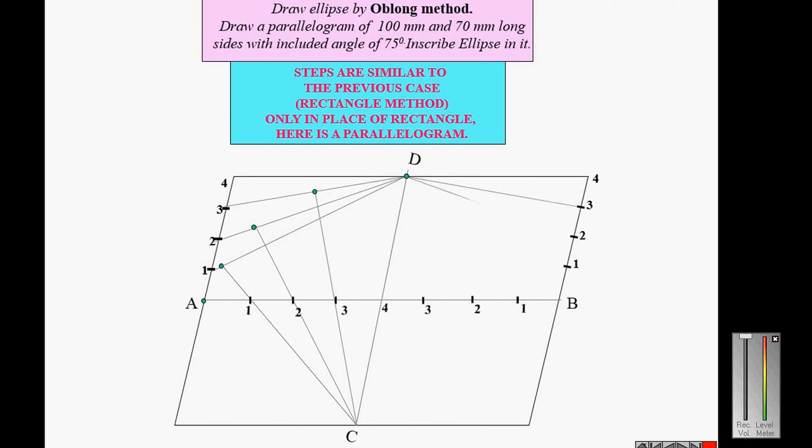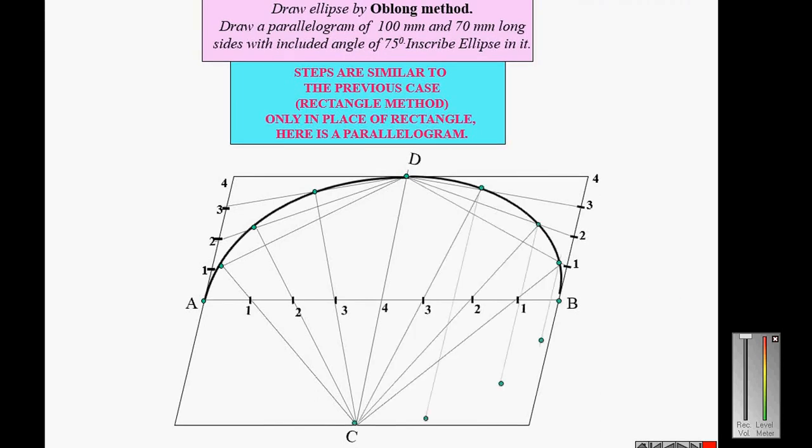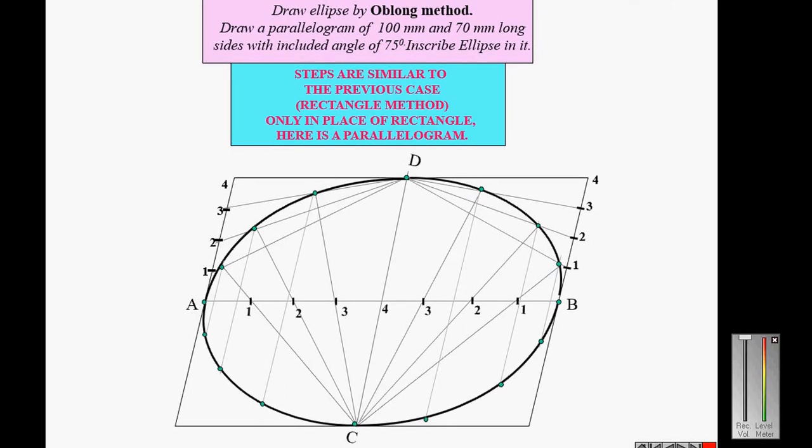Then you can transfer the points to the right side and the bottom side, and you will get the ellipse. So this method is called ellipse by parallelogram method.